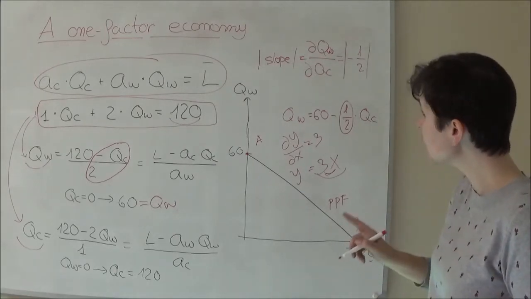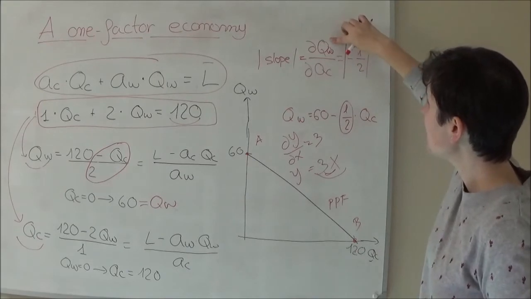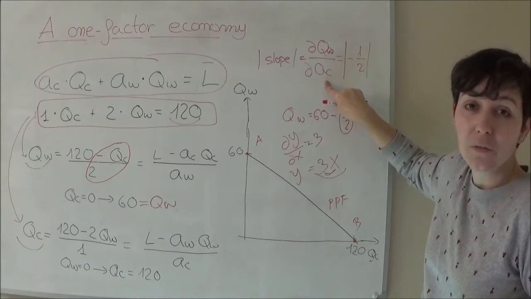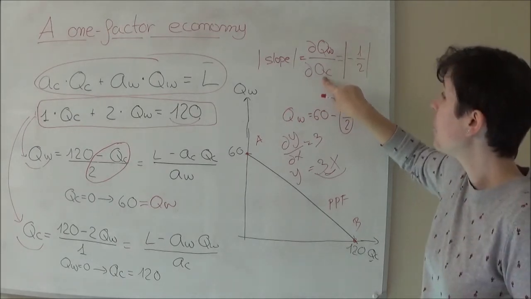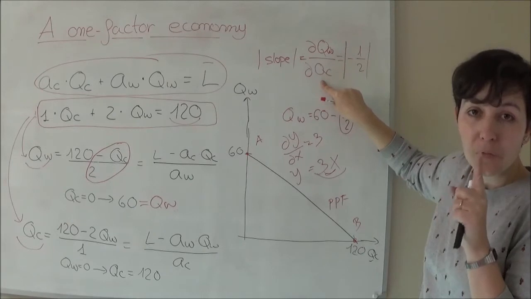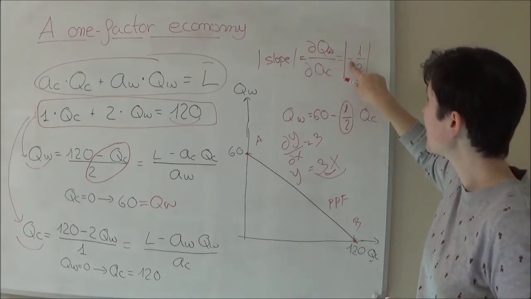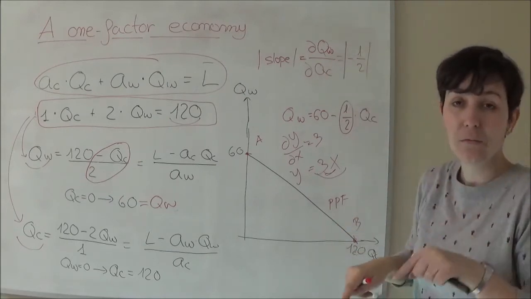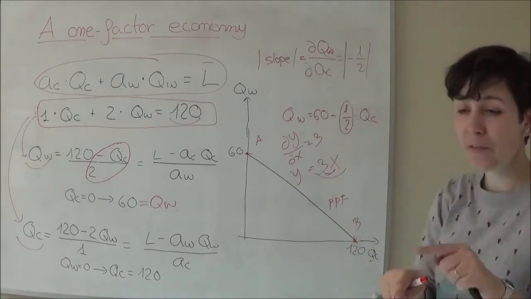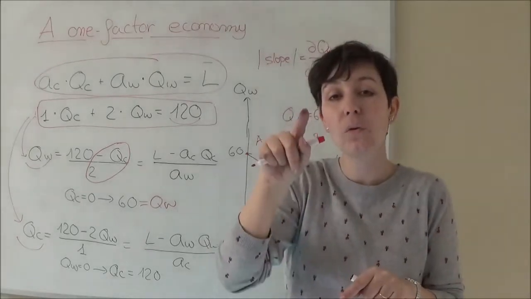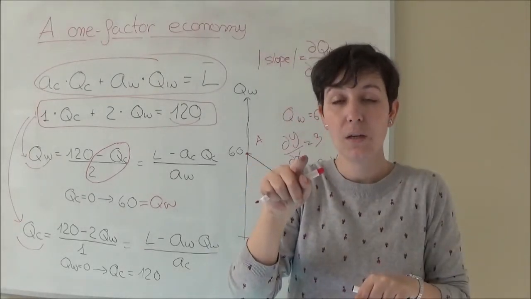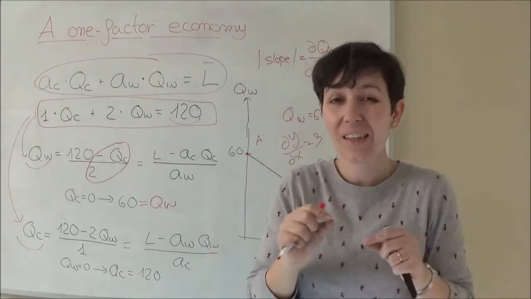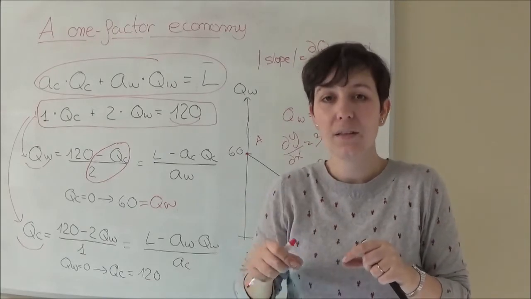And what is the meaning of that? It is how the quantity of wine is going to change when you increase the production of cheese by 1. So if you produce 1 unit more of cheese, you are going to produce 0.5 units of wine less. This negative sign means that when you increase something, the other thing is going to be lower, it's going to reduce. Because we are going to talk about opportunity cost, we already know that it's going to be negative.